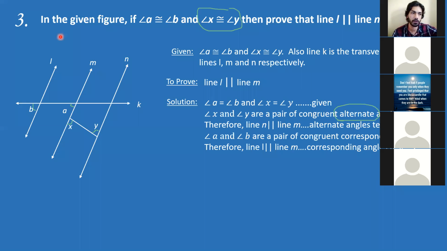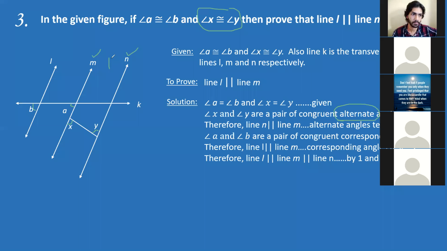Now, folks, we have to prove line L is parallel to line N. We have already proven M is parallel to N and L is parallel to M. So by transitivity, the next step is that line L is parallel to line N. Why is it so? Because in the first step over here we proved that these two lines are parallel to each other.